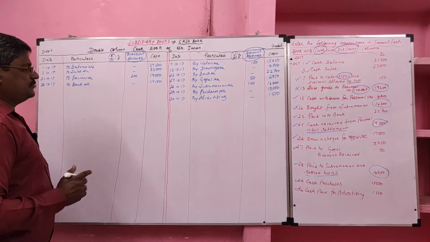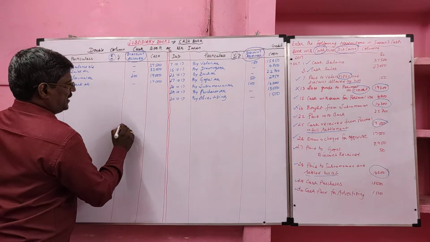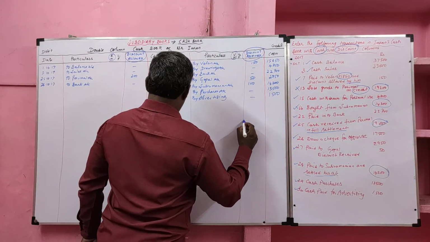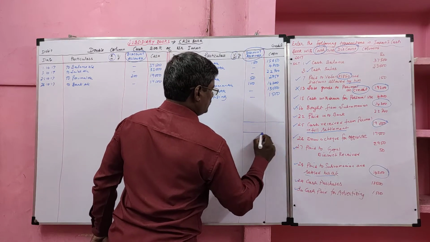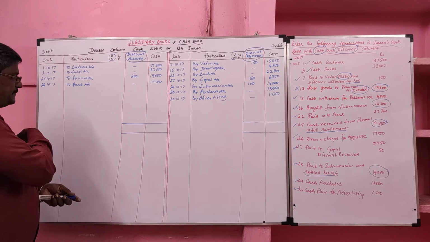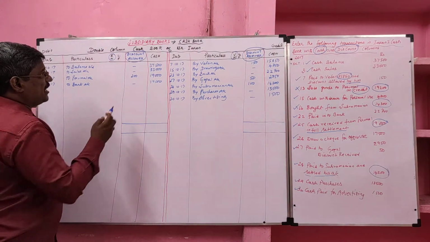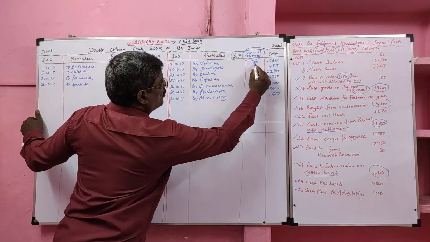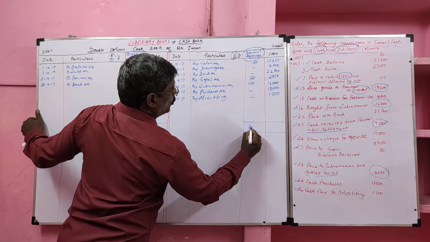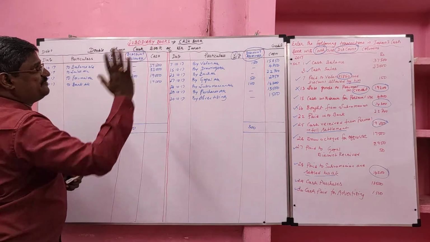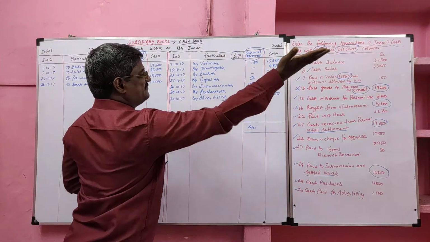Now I am going to close the cash book. Here we have two columns. Column number 1 is discount, column number 2 is cash. Listen carefully. The discount column should be totaled. It should not be balanced, because discount allowed is different and discount received is different.